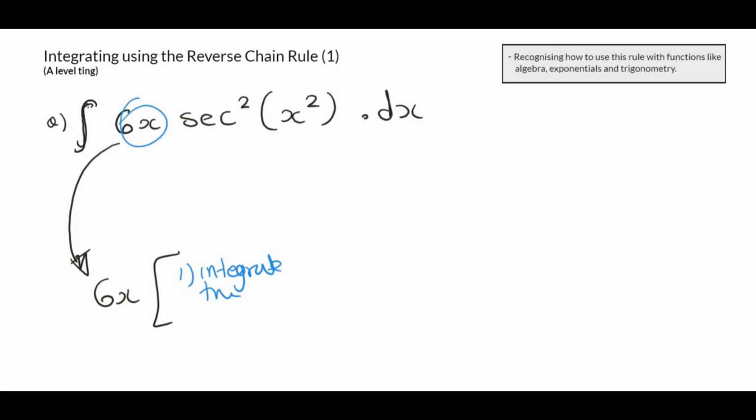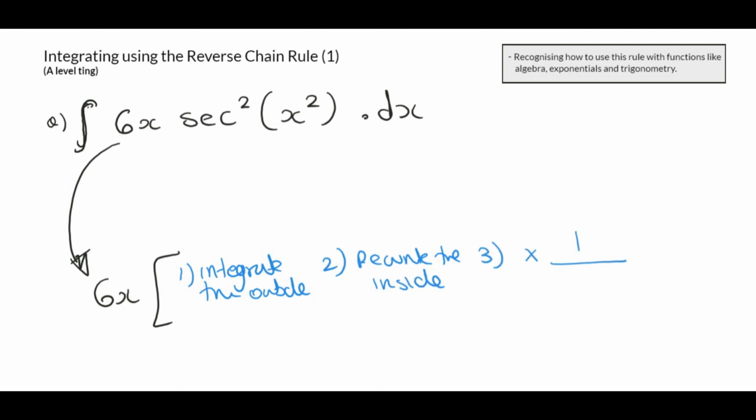I'm talking about this being the outside and this being the inside, okay? So integrate the outside. Once you do that, rewrite the inside. So man's gonna rewrite the inside. And then the last step is times by 1 over the derivative of the inside, okay? Let me just write that down. Derivative of the inside. Okay, cool.